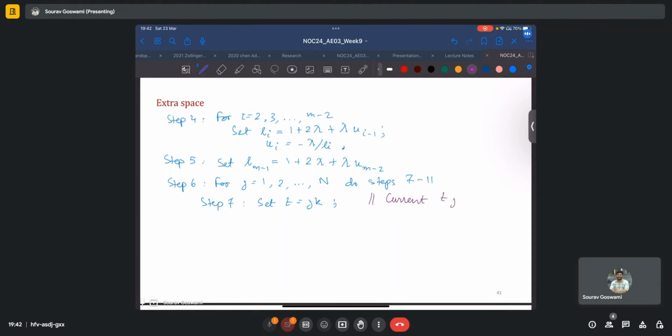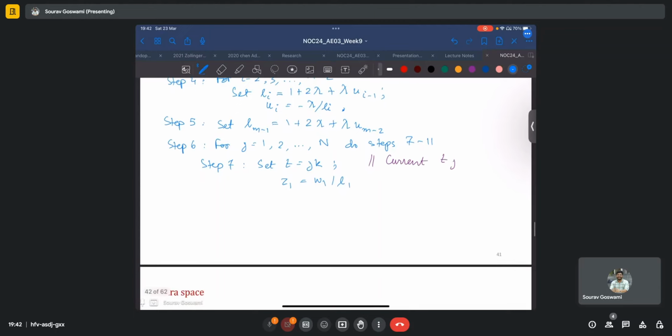That is the current time step, and we set z1 equals w1 by L1. Step 8, for i equals 2, 3 to m minus 1, we set zi equal to wi plus lambda z(i minus 1) by Li.